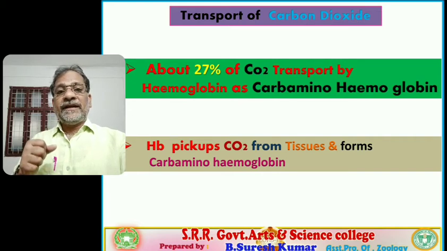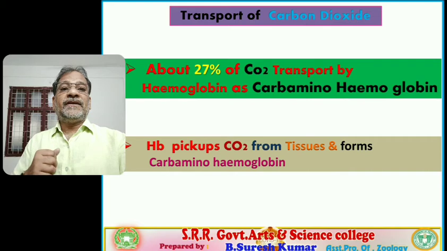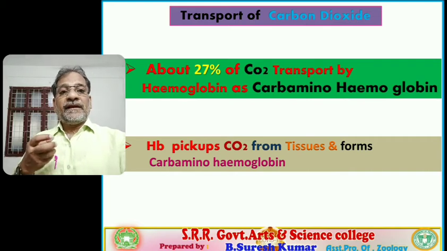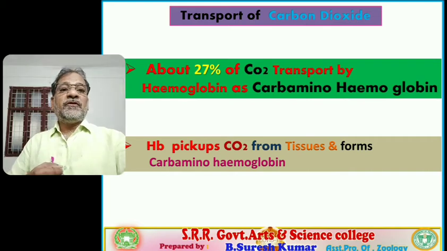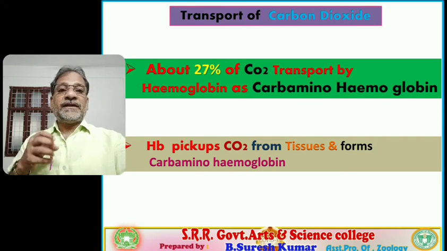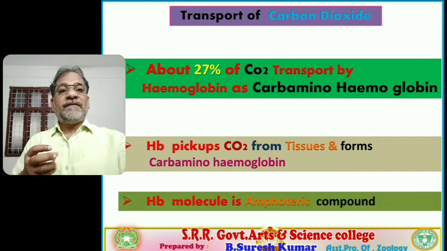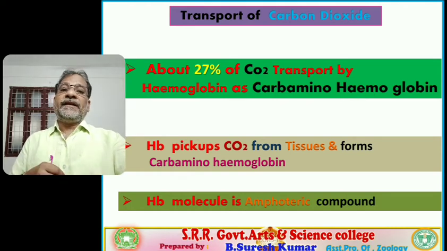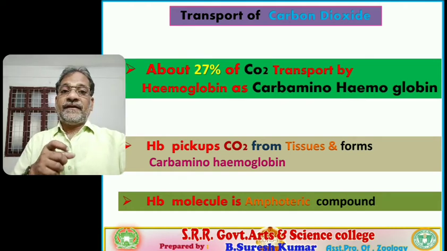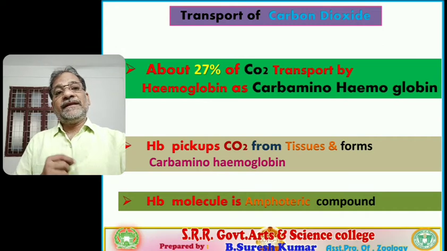Why does hemoglobin have such ability? Let us see. The hemoglobin molecule is capable of picking up carbon dioxide from tissues and forms carbaminohemoglobin. How is it possible? It is completely based on pressure gradient. The hemoglobin molecule is an amphoteric compound. Because of that it is possible.